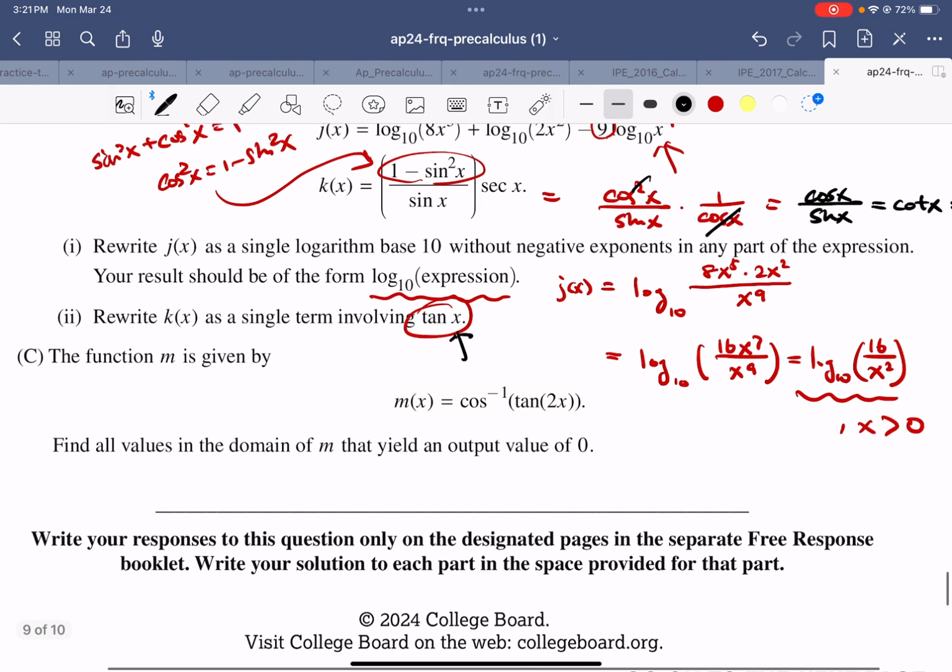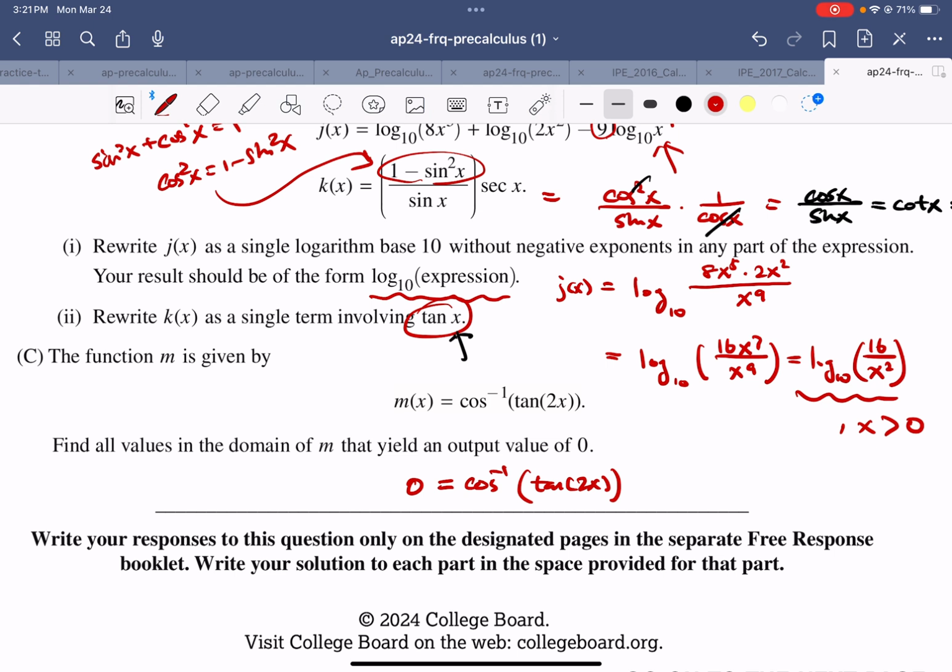Now C, the function m is given by m of x is inverse cosine of tangent 2x. Find all values in the domain of m that yield an output value of 0. Okay, output value of 0, so you substitute 0 into m of x. Arc cosine of tangent 2x.